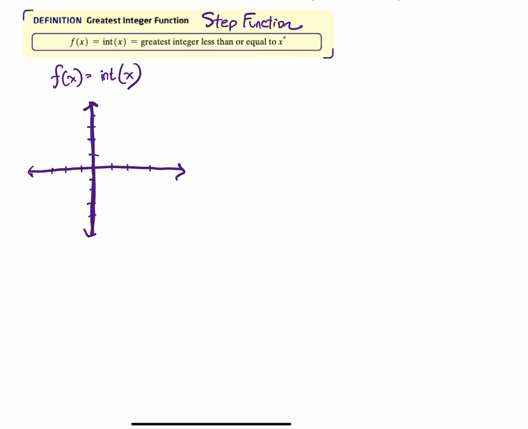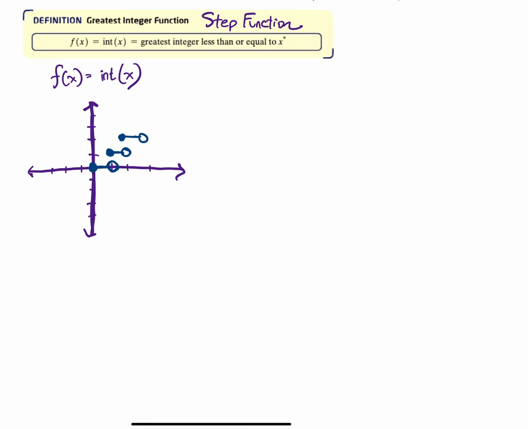So if we were to plug in 0, it would give us 0. Anything between 0 and 1, it's going to give us 0, except for at 1. So I would put an open circle there. At 1, it will give us positive 1. And then anything greater than positive 1 will just give us 1, all the way up until 2. Once it hits 2, it jumps up. So this is a highly discontinuous function.